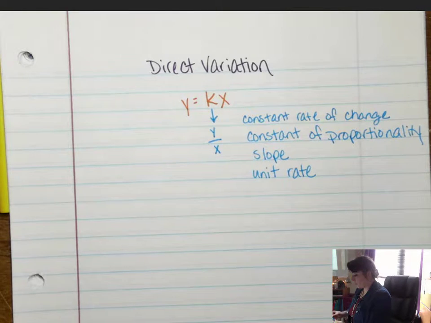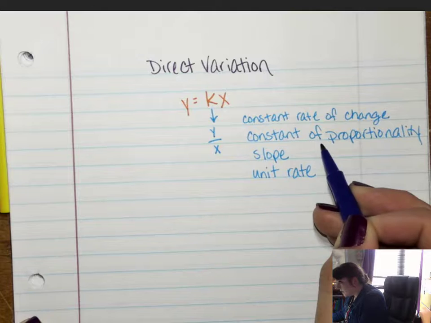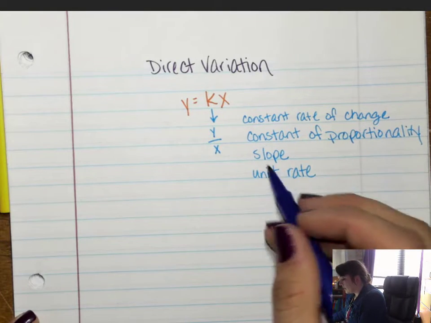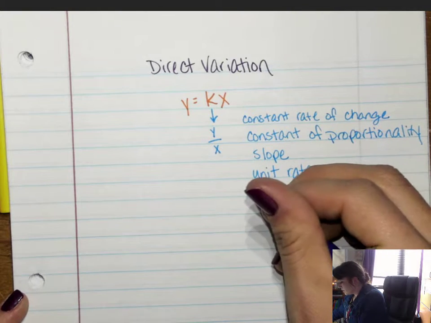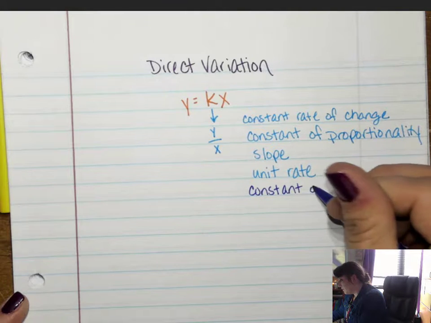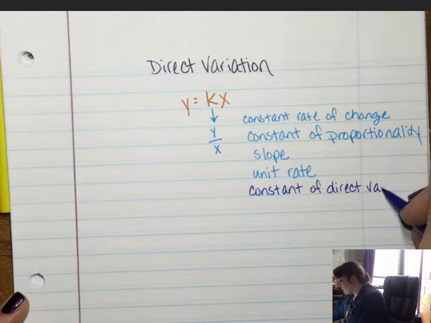Now we're going to add one more word to this list. Constant of direct variation. So you've got the constant rate of change, constant of proportionality, and now constant of direct variation.